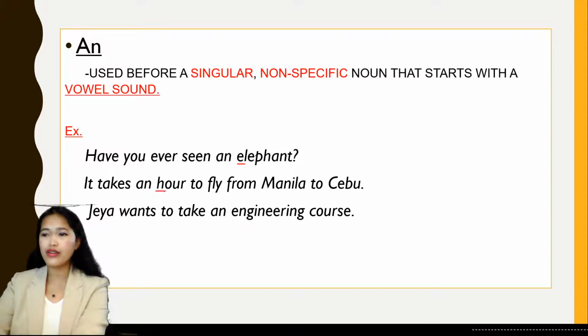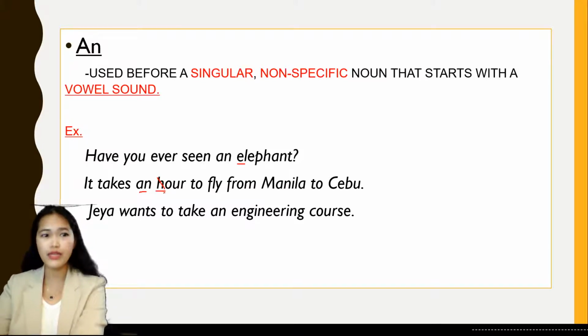We have here the word hour, which starts with letter H, that is a consonant. Okay? So hour starts with a consonant, but we use an. It is because the pronunciation of this is hour. The H is silent. Maybe some of you who are non-native English speakers and who are just beginners in learning English, you may pronounce this as power.